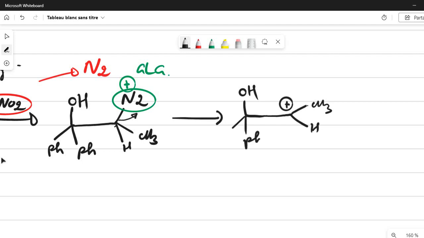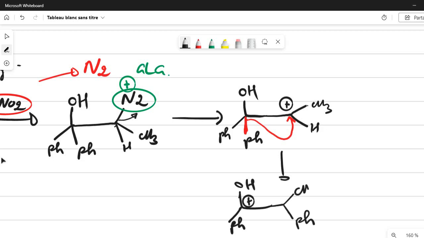So we still have the phenyl group, and so what are we going to do? The same thing, a rearrangement here. They're going to attack the carbon, and we form OH, a positive charge, because we only have one phenyl group, okay? So we form this one, it is going to be H, CH3 and H, okay? So most stable.